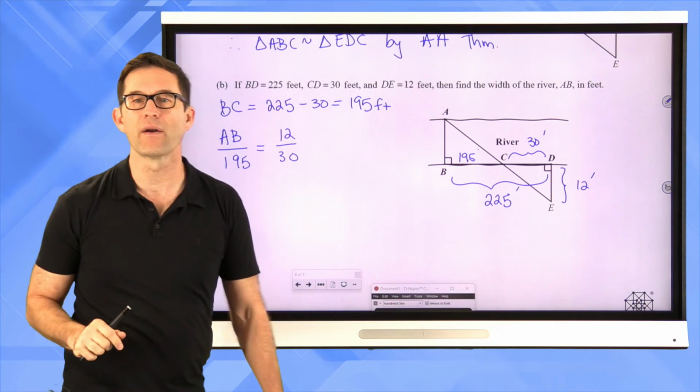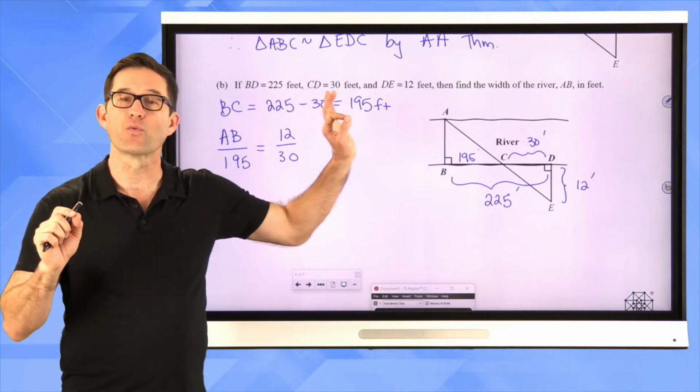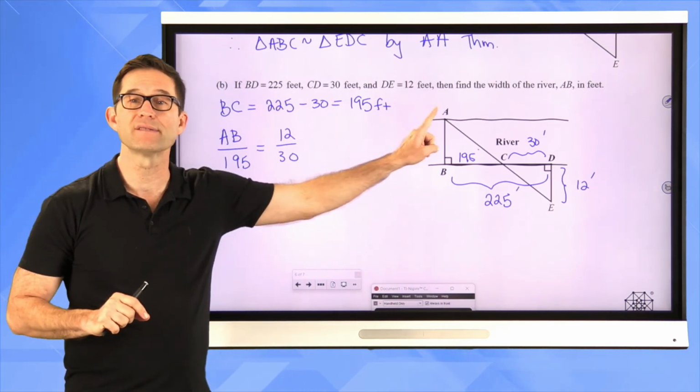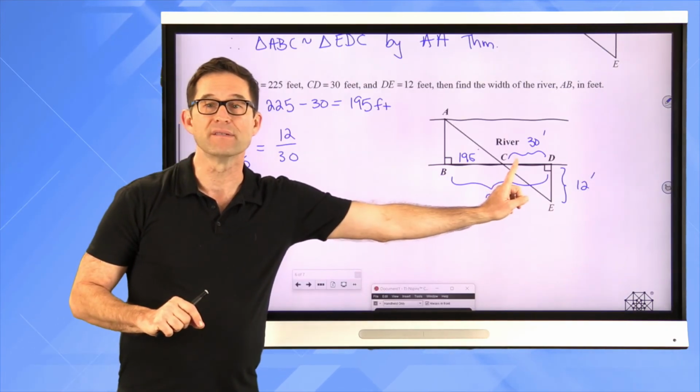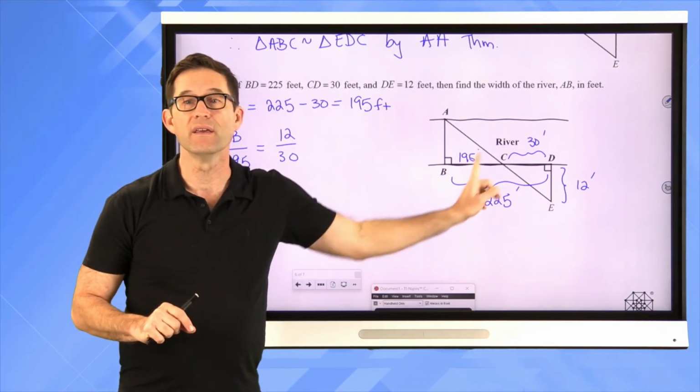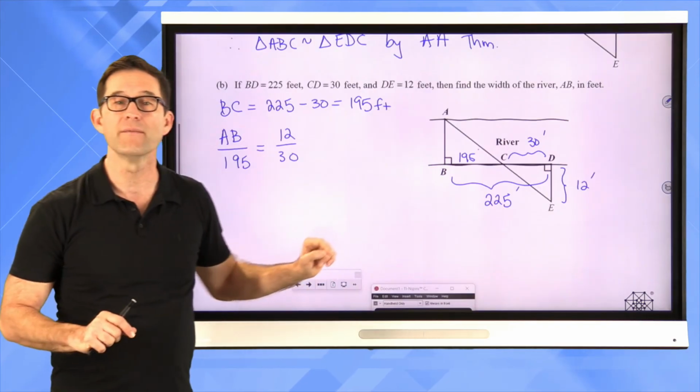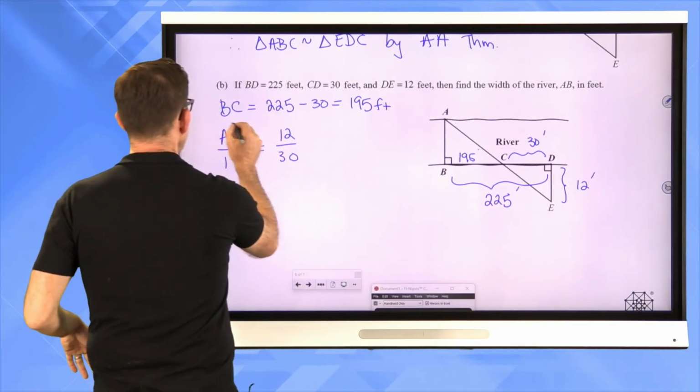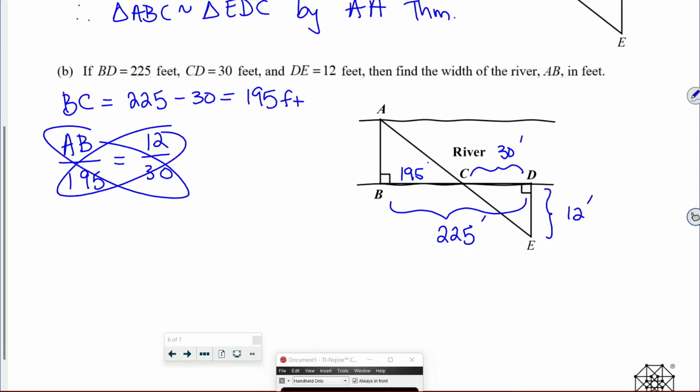Right, let's take a look at that really quick, right? So now I'm using those ratios of relatively positioned sides. AB divided by BC is equal to ED divided by CD, right? And now, of course, I know everything I need. I just have to do some cross multiplying. 30 times AB is equal to 12 times 195.